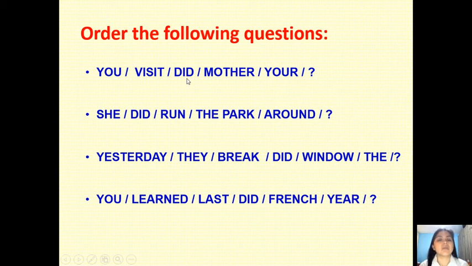The correct order in the first sentence is, did you visit your mother? Remember the structure: the auxiliary did, the subject, the verb, and the complement, right? Did you visit your mother? That is the question, okay? You will continue working with numbers 2, 3, and 4 in your class.